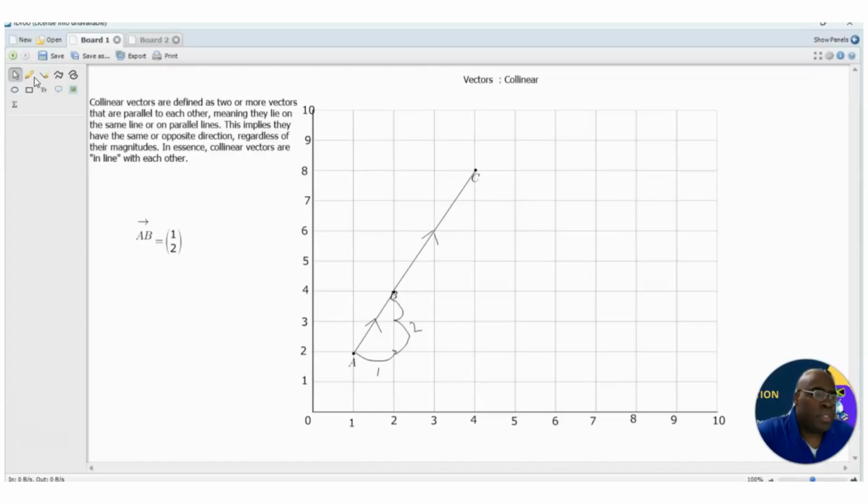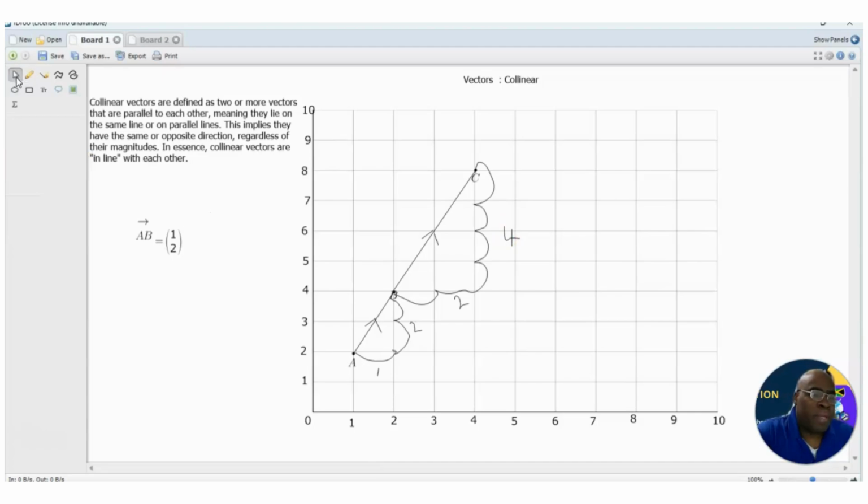Now we can use a graph as usual to determine our vector. So we'll go 1, 2 on the x-axis, and then 1, 2, 3, 4 on the y-axis.